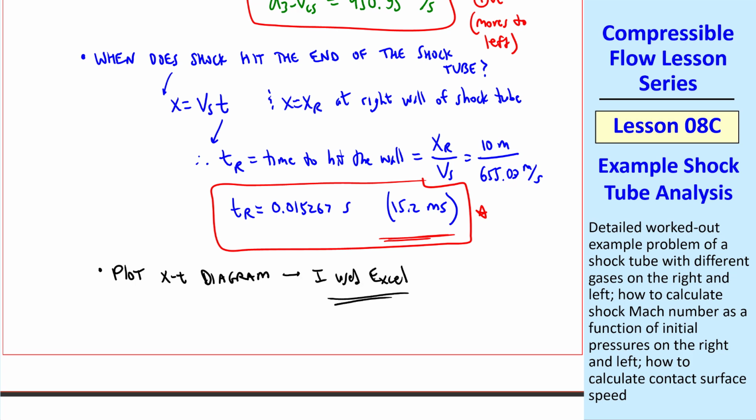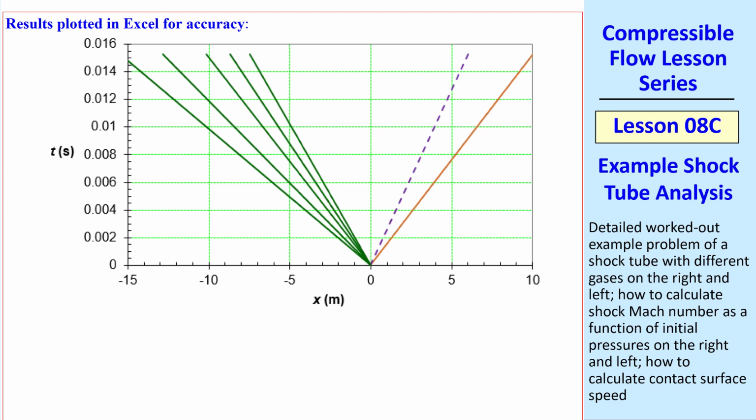I used Excel to do this. And here is my final plot, where we see the shock with speed Vs, the contact surface with speed Vcs, the trailing wave of the expansion fan with speed a3 minus Vcs, and the leading wave of the expansion fan at speed a4. The equation that I used for this line is x equals minus a4 times t, and for the trailing wave, x equals negative (a3 minus Vcs) times time.